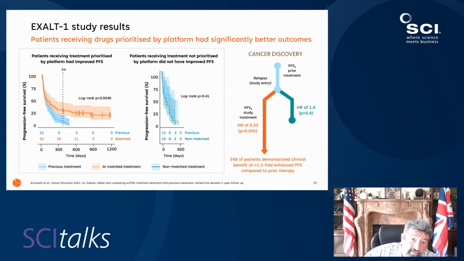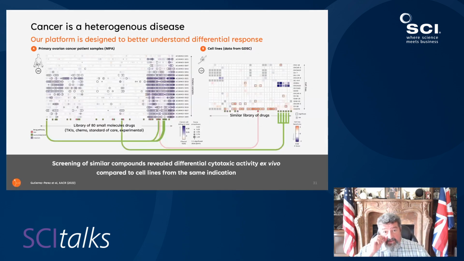So this data clearly, when taken in aggregate, allows us to generalize and identify patterns across, say, genetic sequencing differences, copy number variations, all of this sort of stuff. And now our platform is really designed and configured to better understand differential or patient-specific response.